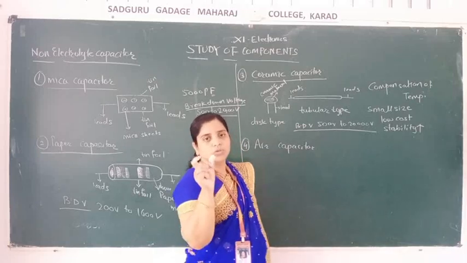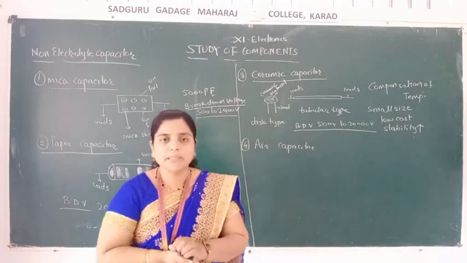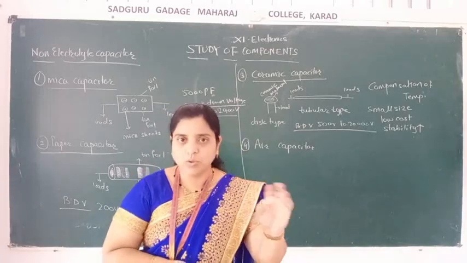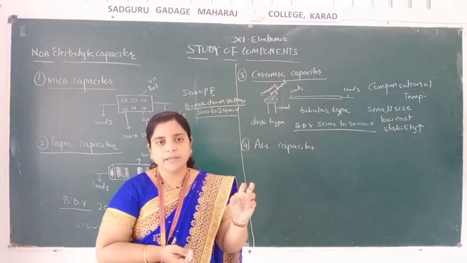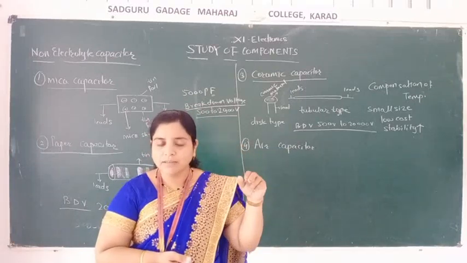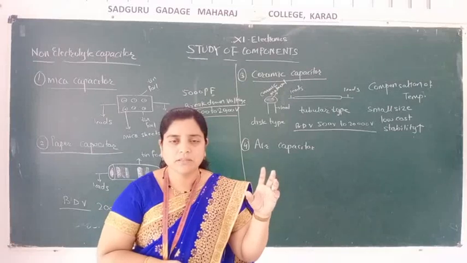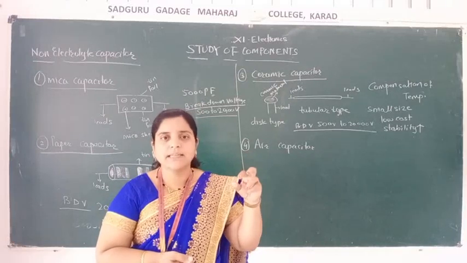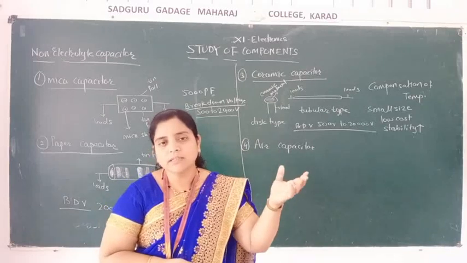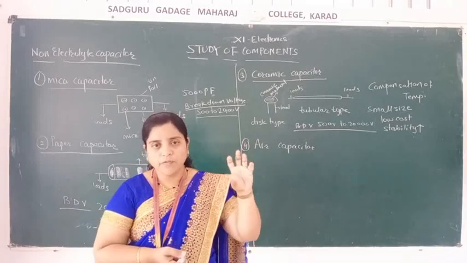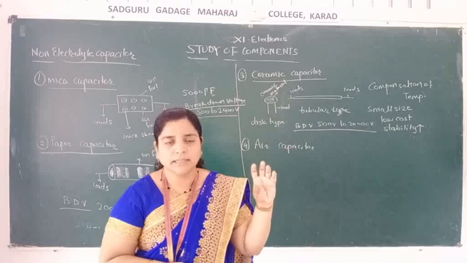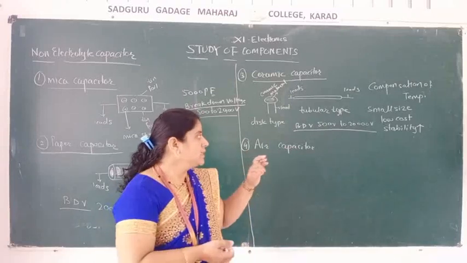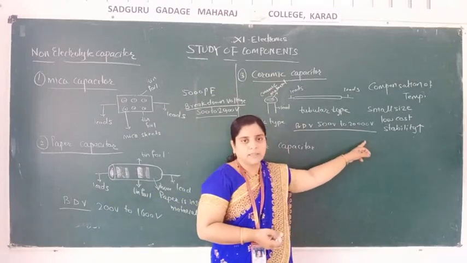It should be stable, with no changes. If the picture is not stable, can you see that picture? No. Just like that, if the value of the capacitor changes, then you can't observe the waveform on the CRO correctly. So it is a stable capacitor.